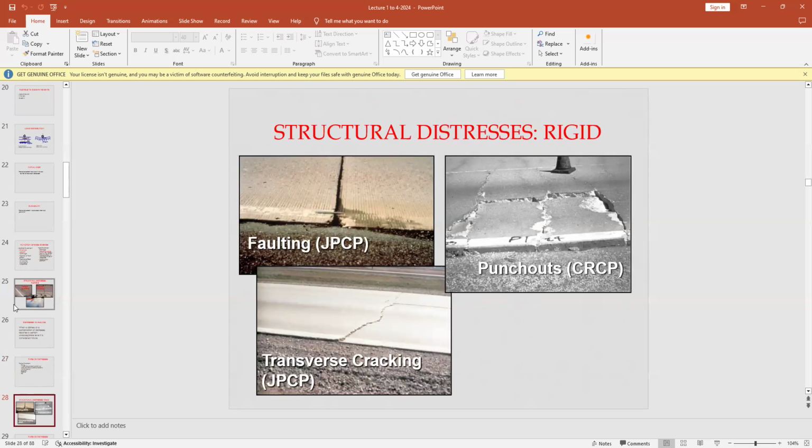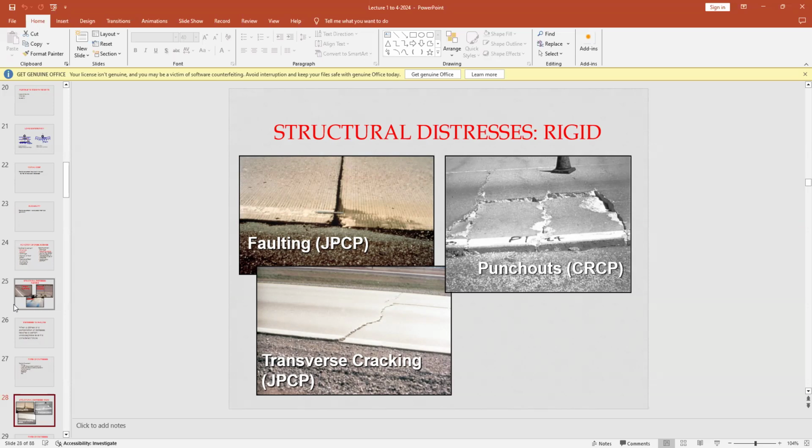In rigid pavement, we'll have this type of failure in which there is a problem with the joint. The corner of the joint gets broken. And sometimes there is differential settlement. Normally it is for continuous reinforced concrete pavement. We have discussed it in the last class.